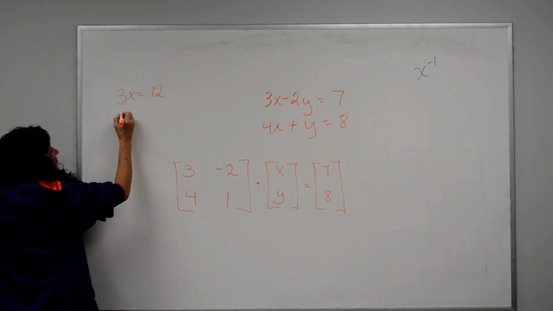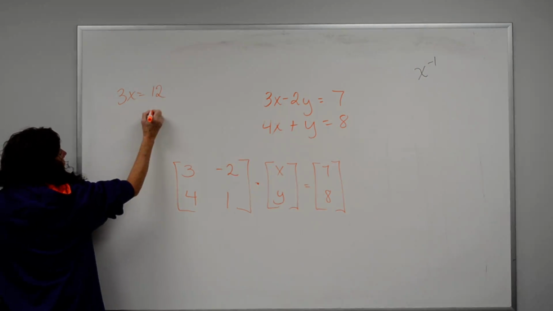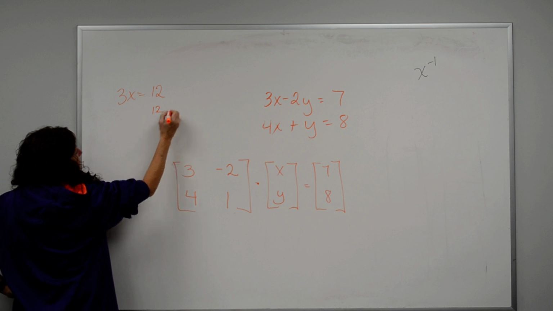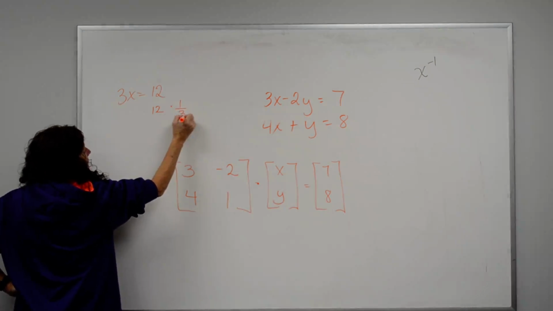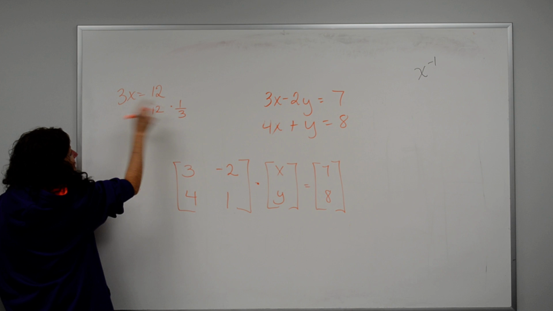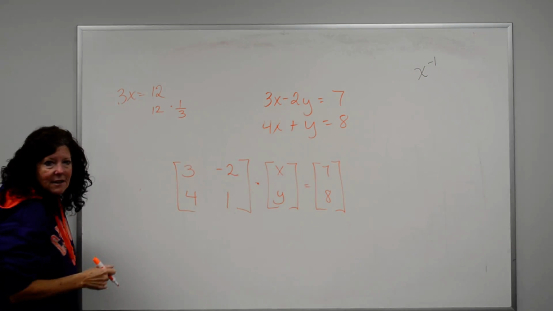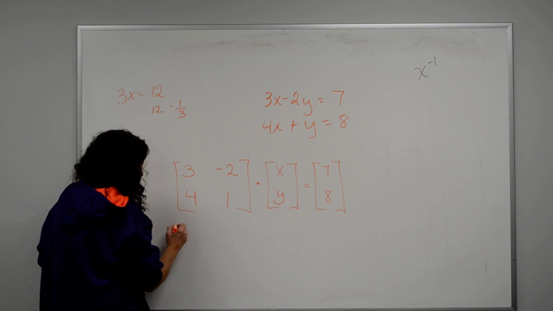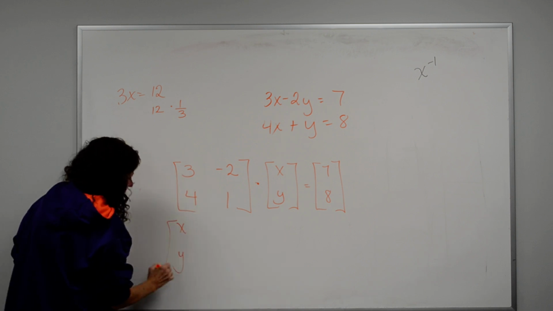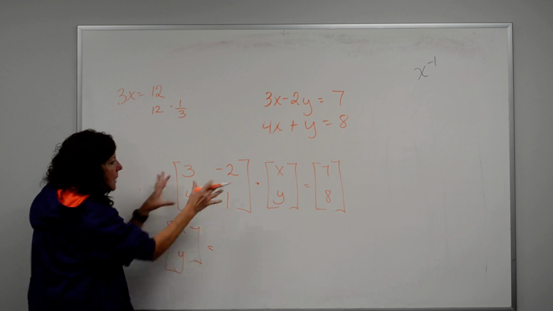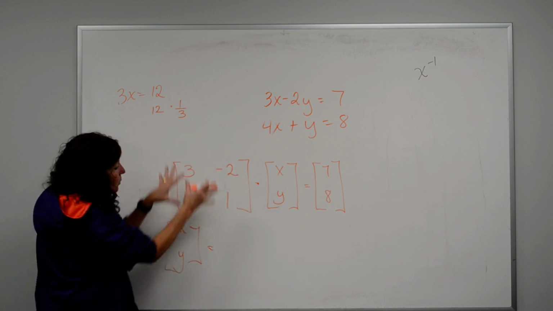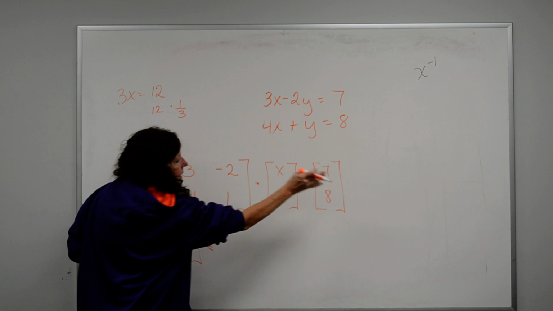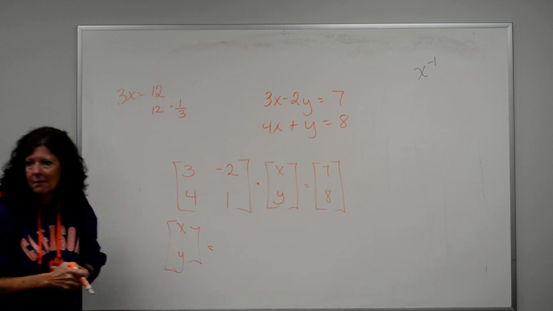So this is the same thing as saying, I'm not going to do 12 divided by 3, I'm going to do 12 times 1/3. That's the inverse of that. So to solve for x, y, I'm going to have it equal the inverse of this times that, okay?